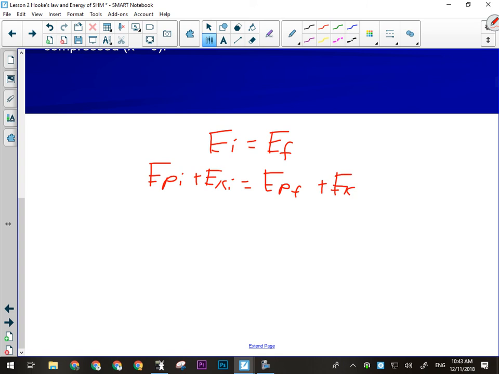That's all still true. Okay, it's just now this isn't gravitational. So now it looks like this, 1/2 kxi squared plus 1/2 mvi squared equals 1/2 kxf squared plus 1/2 mvf squared.